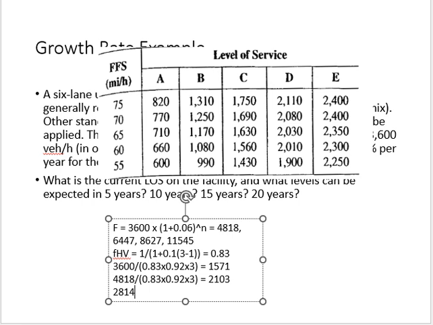When I crossed the last value, my level of service became F. I can go back to this equation and find out the year in which I got level of service F. The future value I'm looking for is 2350. My present value is this one after conversion, 1571.